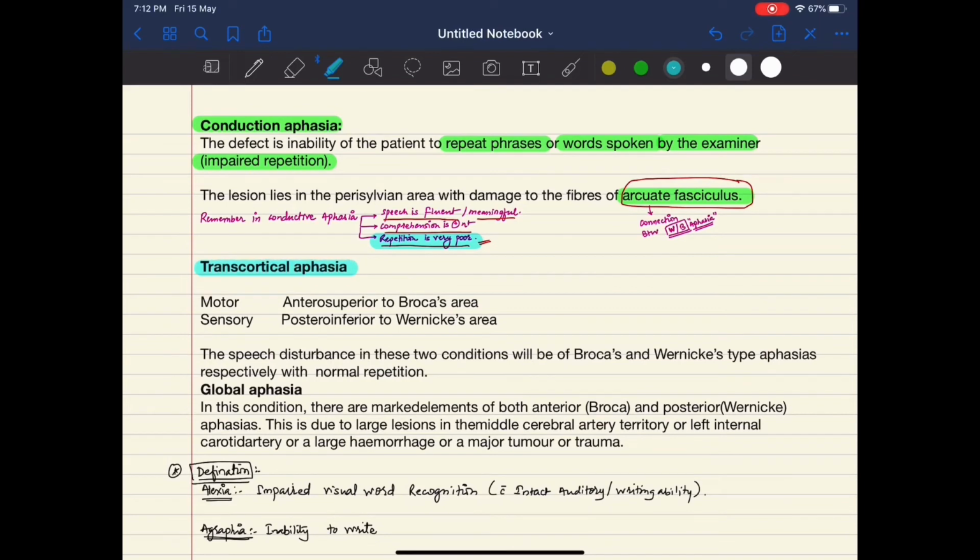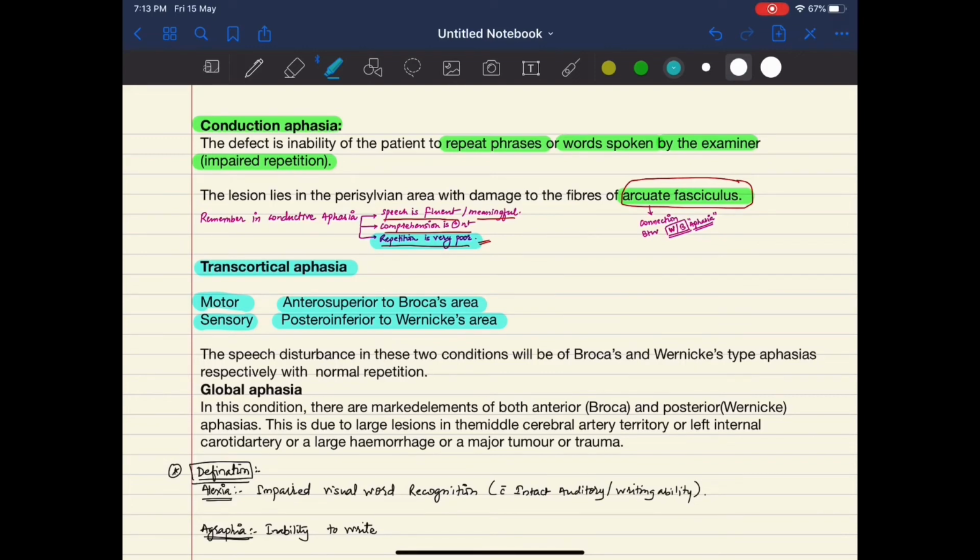Next is transcortical aphasia. Transcortical aphasia can be of two types, motor or sensory. If motor, then it is anterior superior to Broca's area, and if sensory, posterior inferior to Wernicke's area. Remember that the speech disturbances in these two conditions will be of Broca's and Wernicke's type, respectively, with normal repetition.